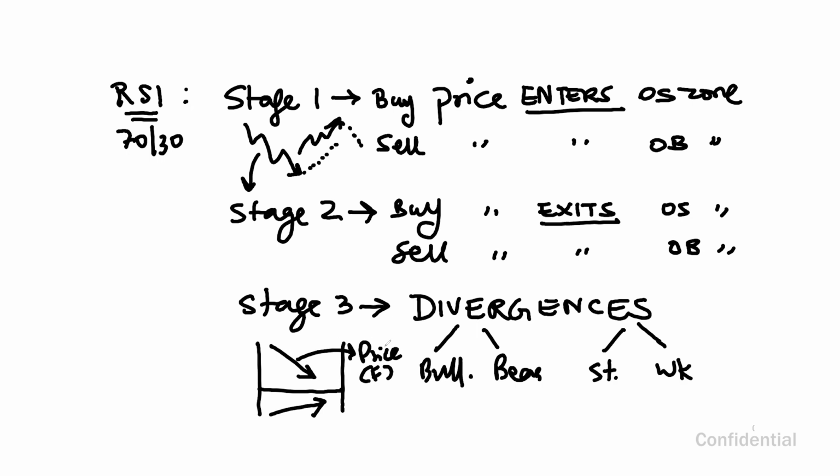And the moment it does that, or even if it is looking to cross the slower line and there's a convergence which is going to happen, before that only we try to predict that there is going to be a crossover and we take a position according to that. So we always trust the fastest line, and the fastest one, we had always thought of it to be the price of the stock.